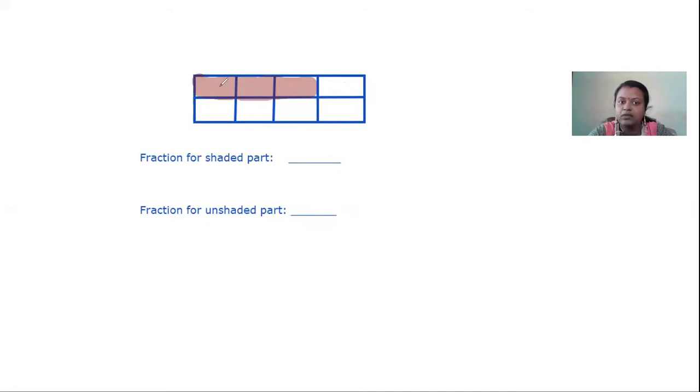Yes, we count the number of shaded parts, that is 1, 2, and 3. So we write above 3, and the total number of parts that we have is 8. So we have here 8. For the unshaded, the remaining blank parts, that's 1, 2, 3, 4, and 5. So it is represented as 5/8.